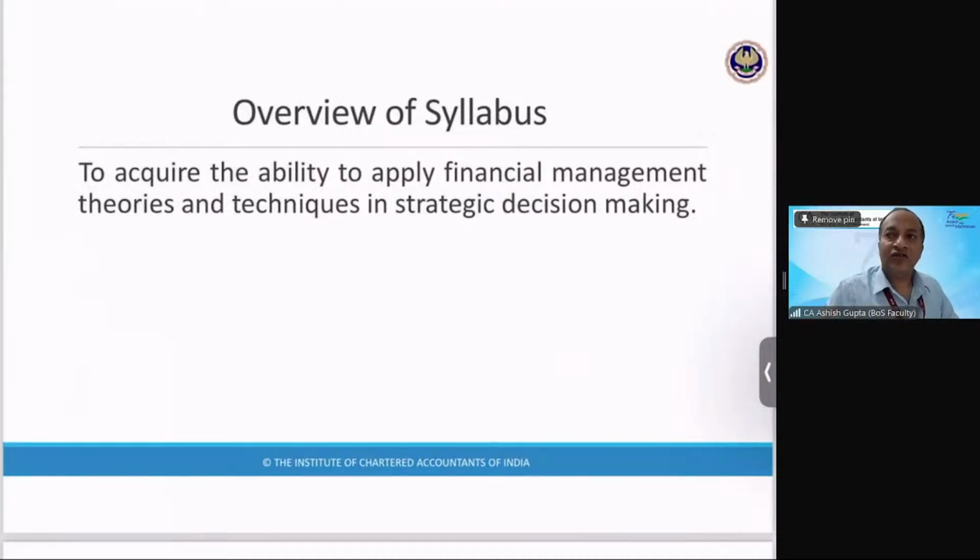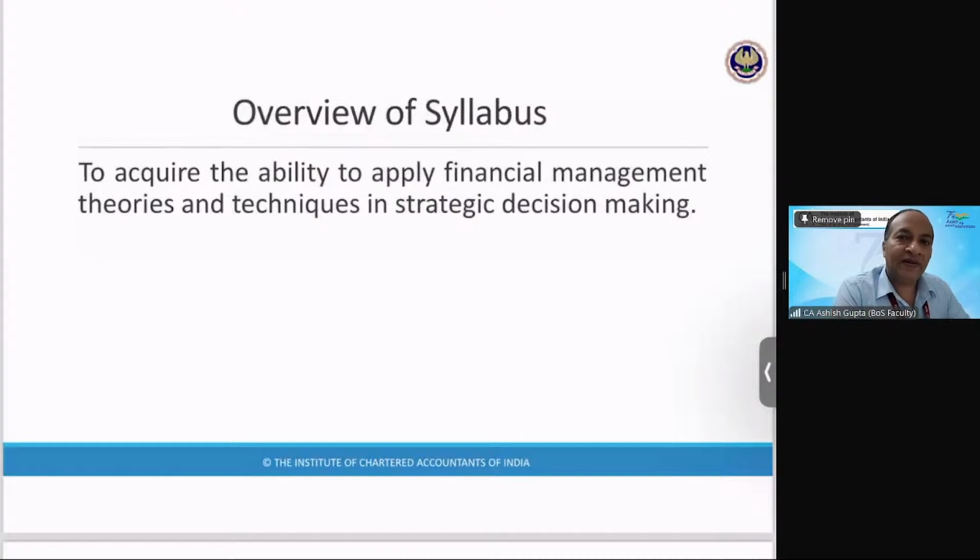Now, students, initially, I will take you to the basics, an overview of the syllabus. Because the overview of the syllabus is very important to understand, as it ultimately helps us to understand the coverage, or the framework within which our paper is set.